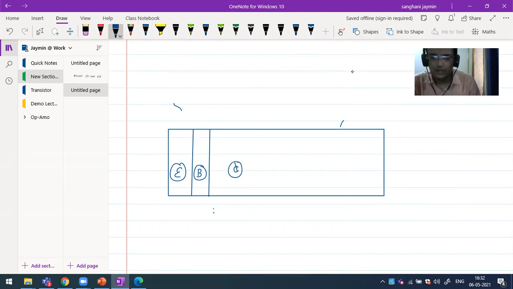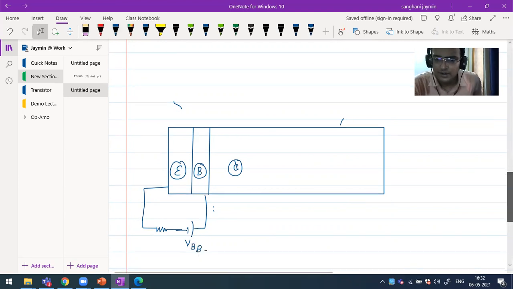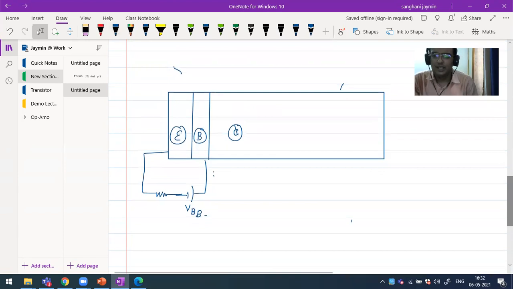Okay, so now see what is the meaning of leakage current. Here is the VBB battery, and here the battery known as VBB, and here the RC resistor.